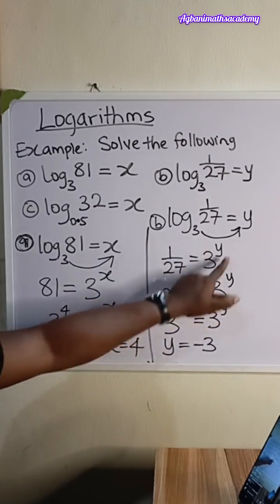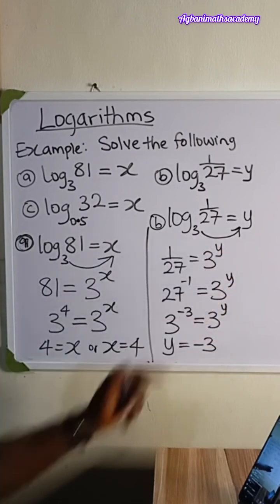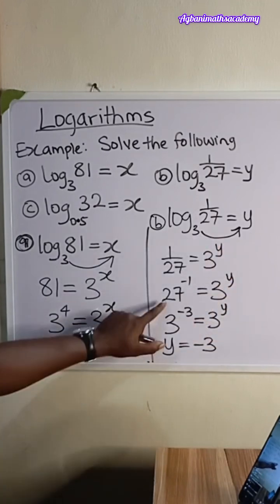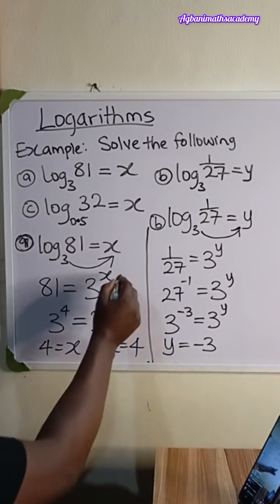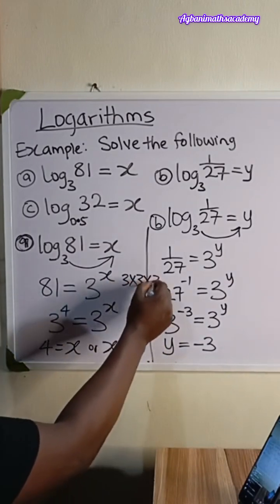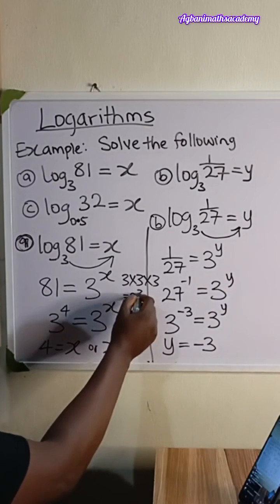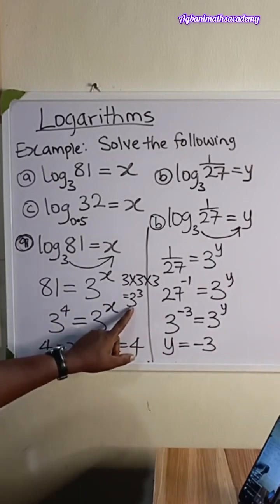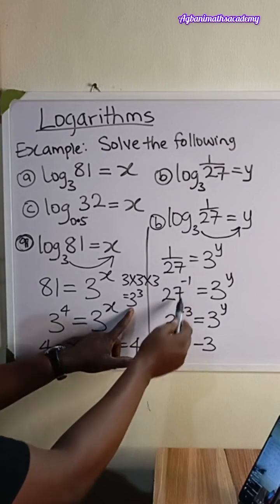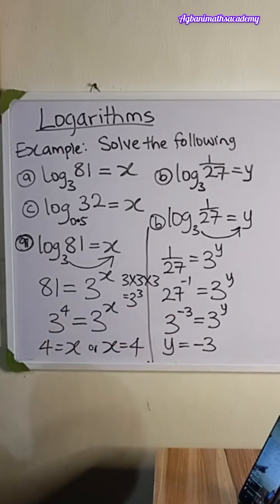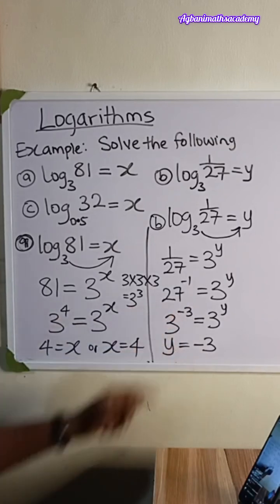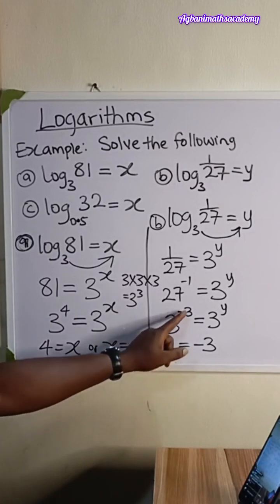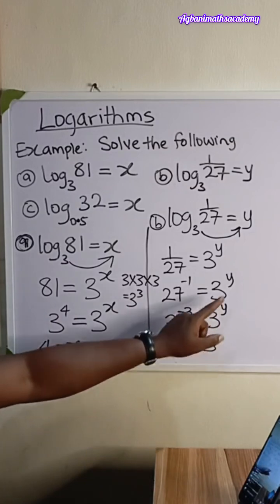We also know that the right side is 3 to the power of y. But 27 is 3 times 3 times 3, which is 3 to the power of 3. So instead of writing 27, we're going to write 3 to the power of 3. However, there's a minus sign, so we put it here. Okay, we account for that minus sign. So we now have 3 to the power of minus 3 is equal to 3 to the power of y.